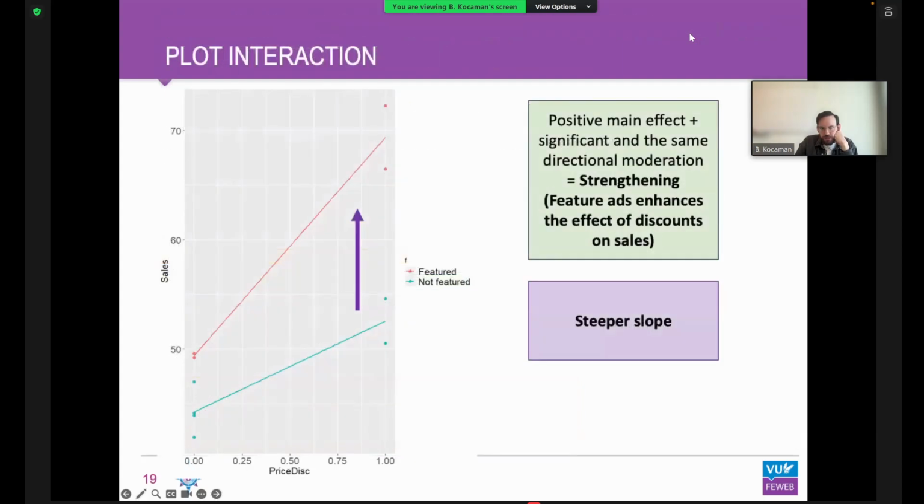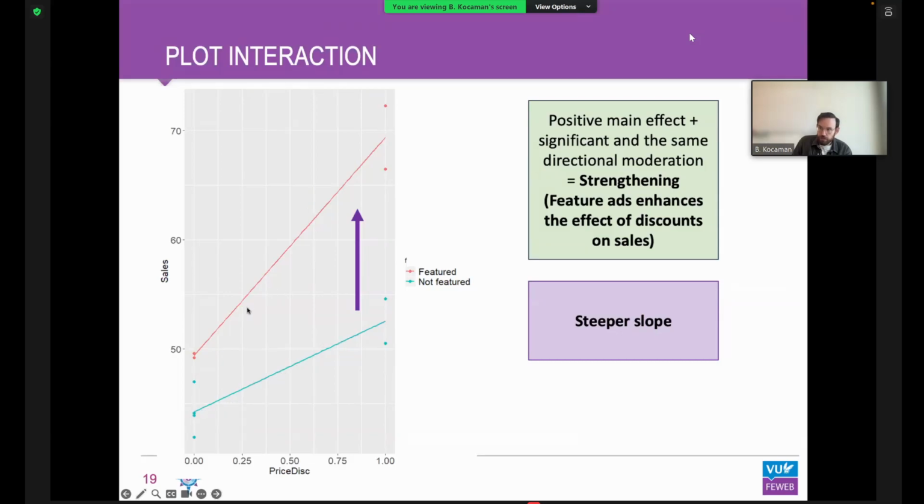Let's now look at this on a plot, as we did before. So in this case, again, we have a moderation. So we can represent the line types with the moderator. In this case, this blue line is when this product is not featured in the flyer, and the red line is when it's featured.